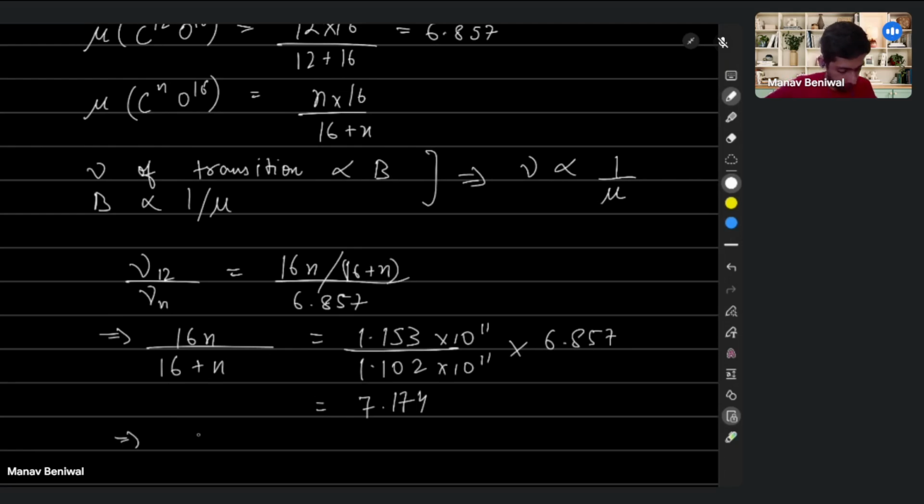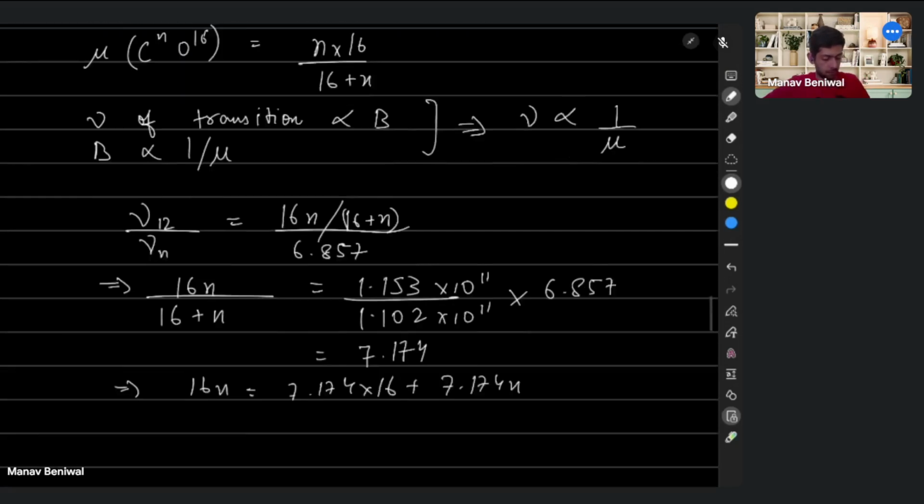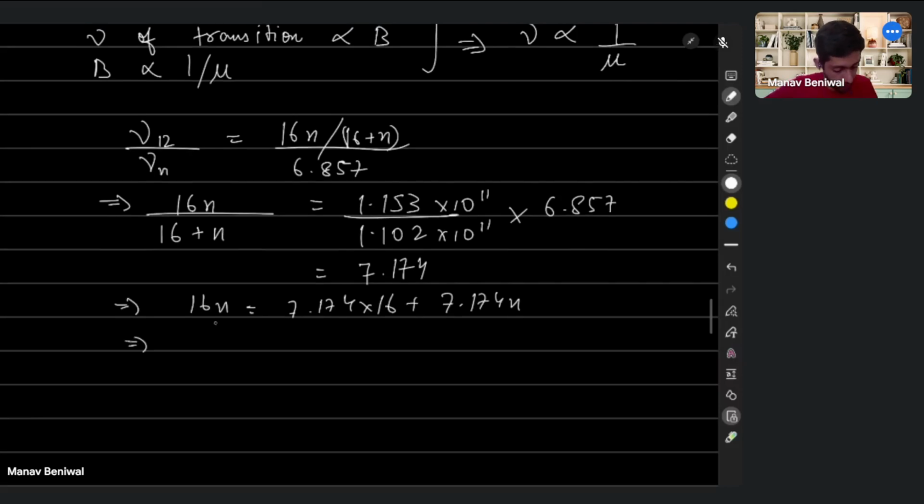Then we can write 16n is 7.174 times 16 plus 7.174n. And this implies that n is 7.174 into 16 divided by 16 minus 7.174. Let me quickly find this out.